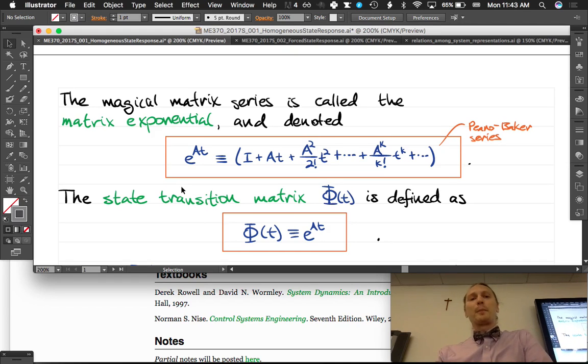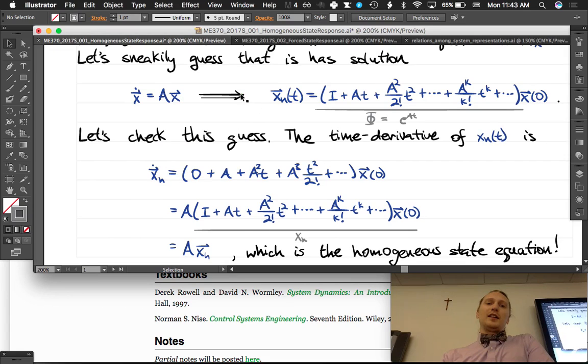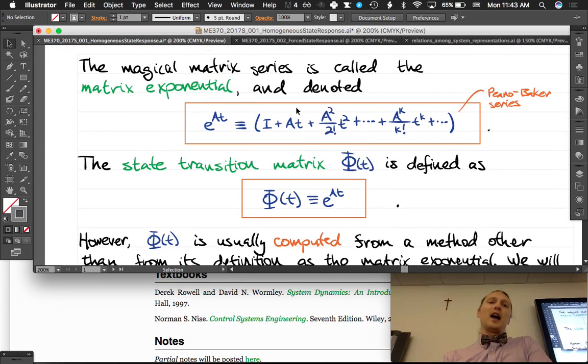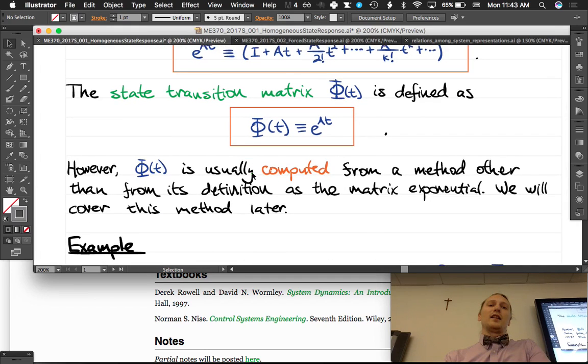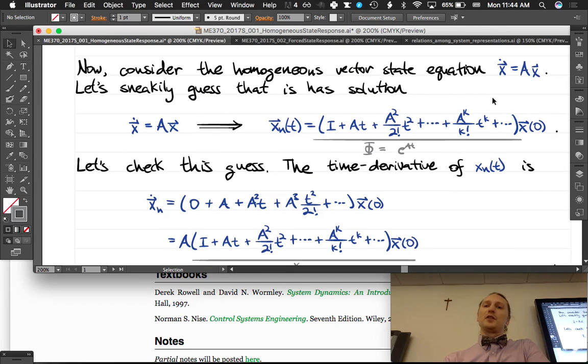Okay? Now, you don't have to go through this derivation every time. We know that our assumed homogeneous solution right here is the solution to the homogeneous equation, right?